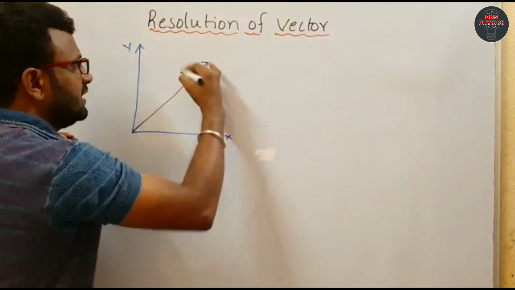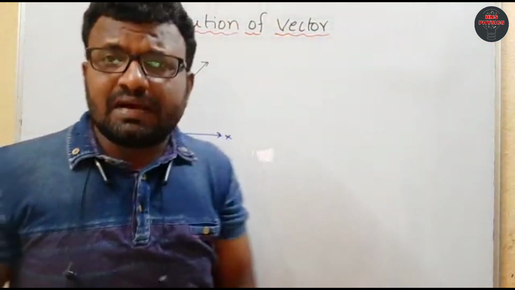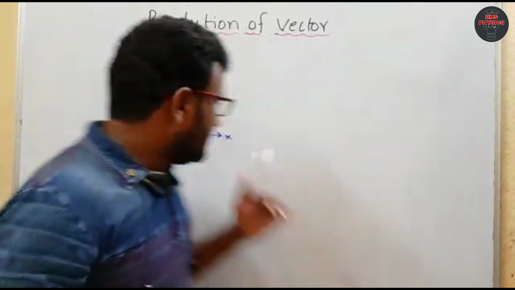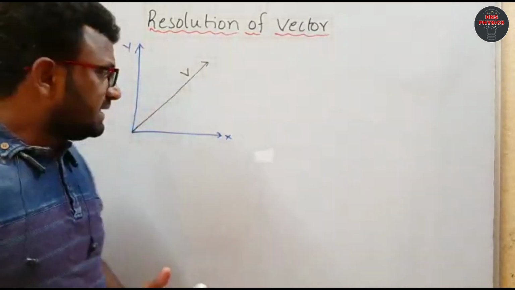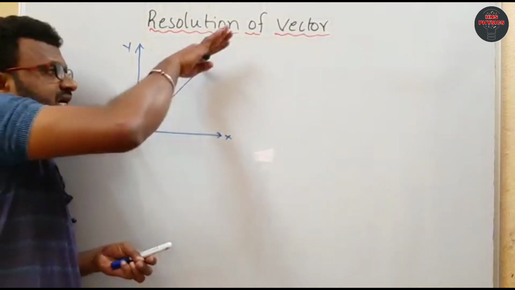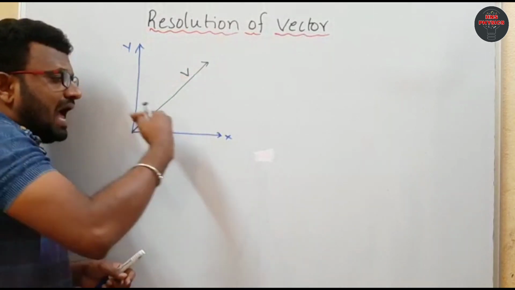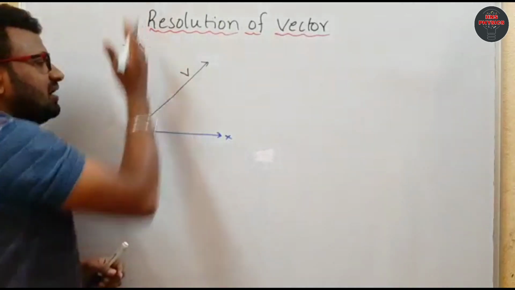So this is the velocity. The ball is moving in this direction, so what happened here? That velocity is having two motions. One is along the x-axis and the other one is along the y-axis, right?